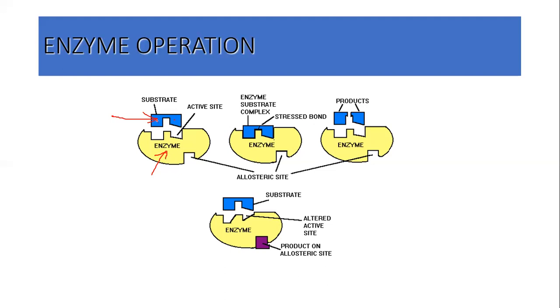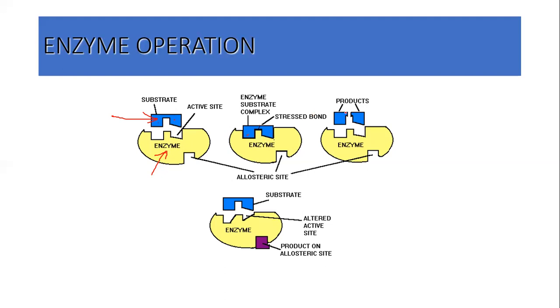So what happens is that these notches on the enzyme, because of the way the protein folded up, fit exactly onto the sucrose. And here is the sucrose fitting into that active site on the enzyme. Now, when it's in there, it kind of doesn't fit exactly right. And so this one fits in here and this one fits in here. And that sort of stresses the bond between the two sugars.